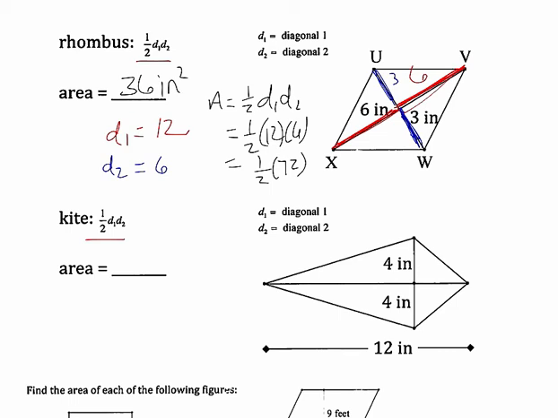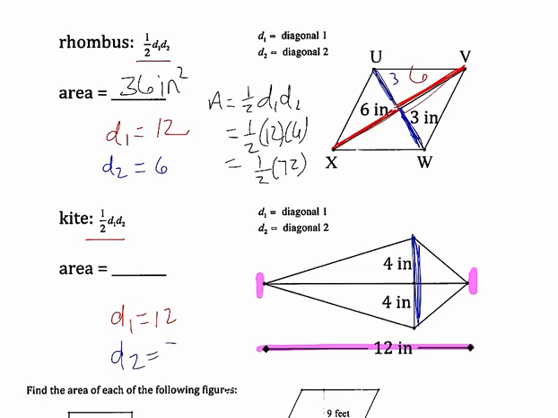Kite's going to be the same thing. It's going to be 1/2 diagonal 1 times diagonal 2. So sometimes if you see this outside of the shape, that's okay. That's still showing you that from this point to this point is a total length of 12. So that first diagonal has a length of 12. And the second diagonal has a total length of 4 plus 4, which is 8.